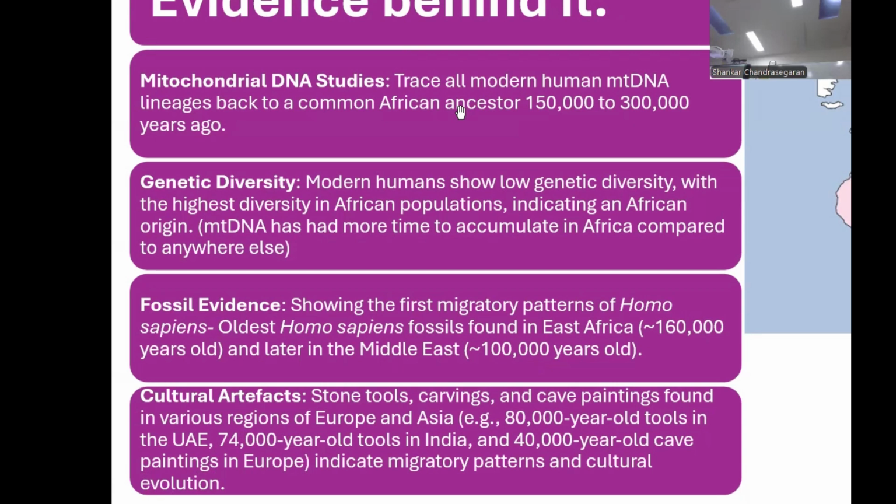And to see that there's a low amount of genetic diversity with the population out of Africa, that means that not a lot of time has passed since people have moved out of Africa.